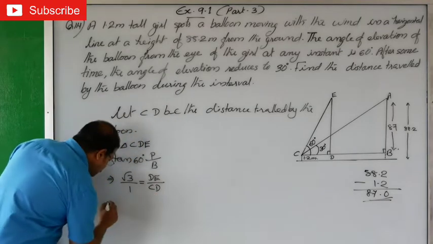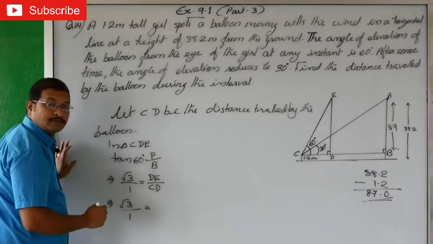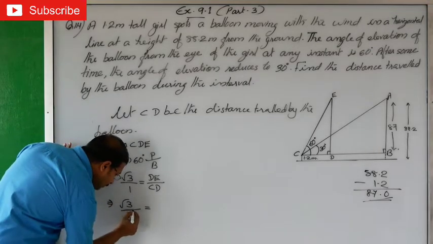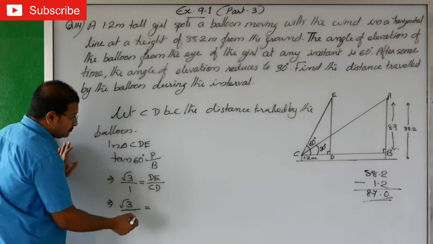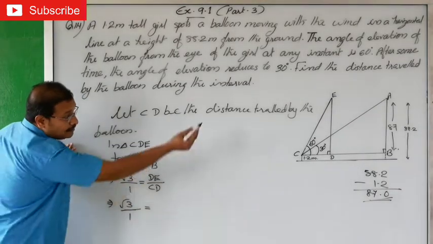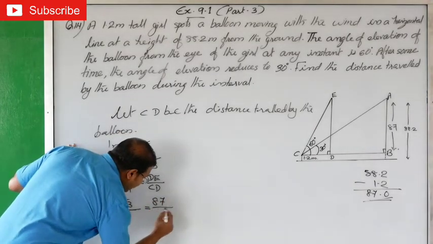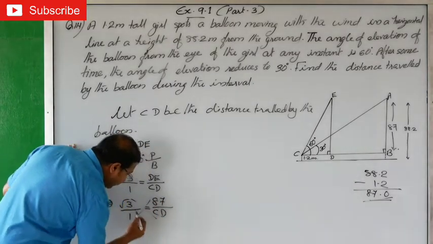Okay, this implies root 3 by 1 equals DE by CD. What is the value of DE? 87, isn't it? So we'll write 87 divided by CD. Let's cross multiply now.